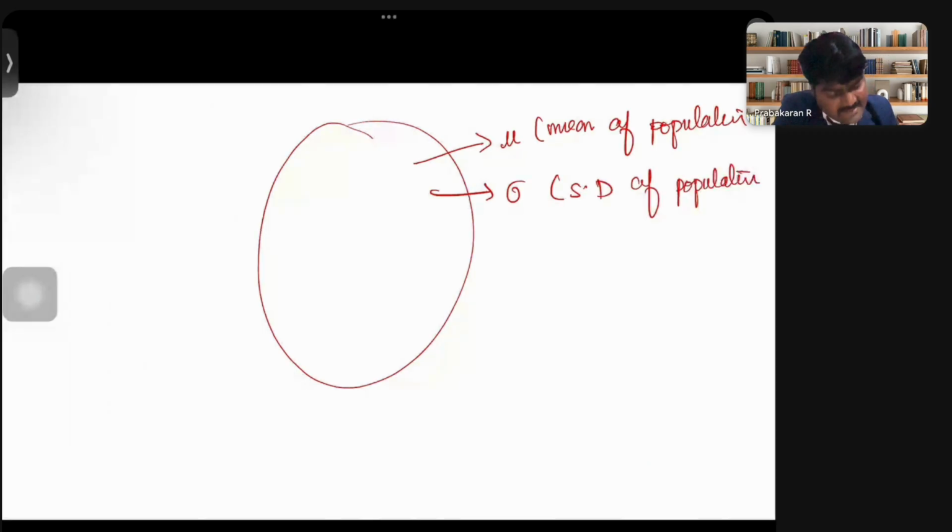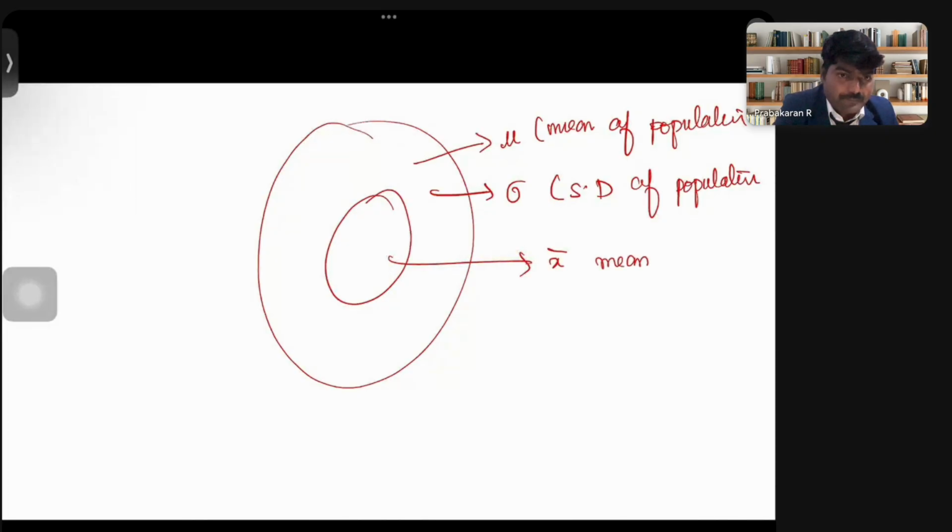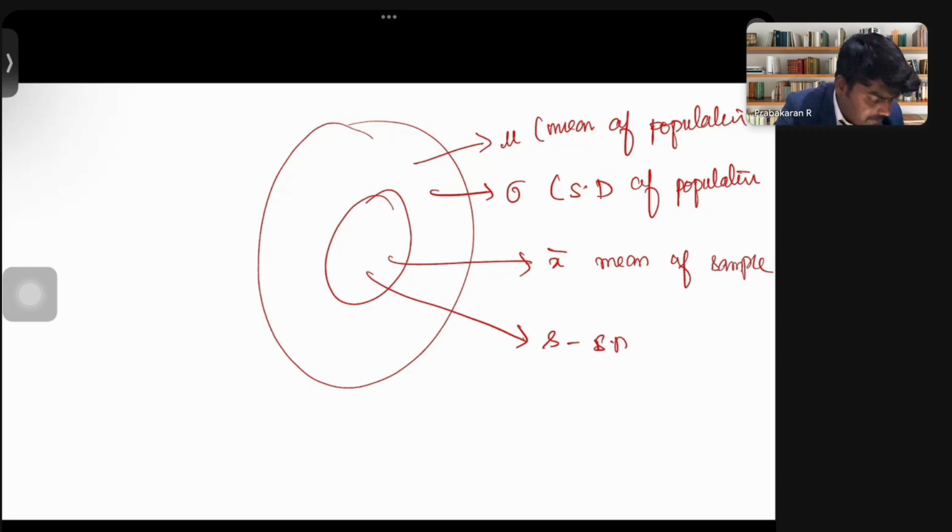The notation for the sample is x bar, the mean of the sample, and small s is the standard deviation of the sample.